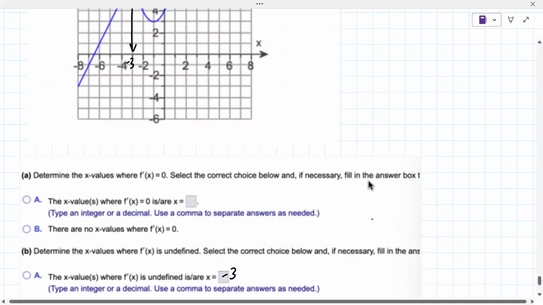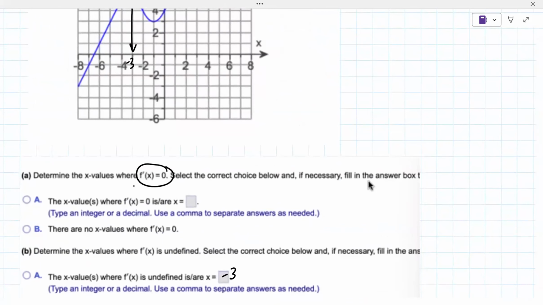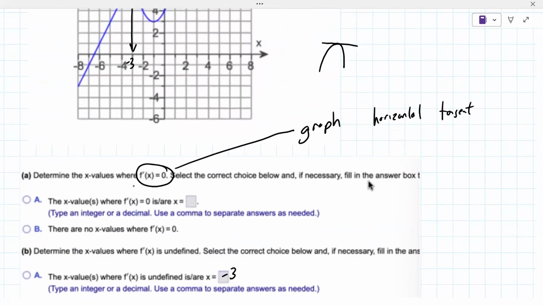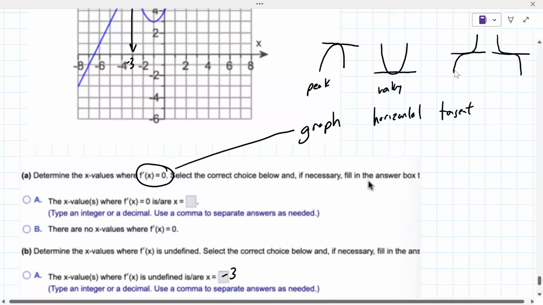Okay. Part A, determine where the derivative is 0. So when you're looking at the graph, you're looking for what's called a horizontal tangent, but there are 4 things that you're looking for. You're looking for a peak, you're looking for a valley, you're looking for, I don't know what to call this, but that's a horizontal tangent there, and then going the other way. These are the 4 possibilities. Peak, valley, and I don't know what to call these.